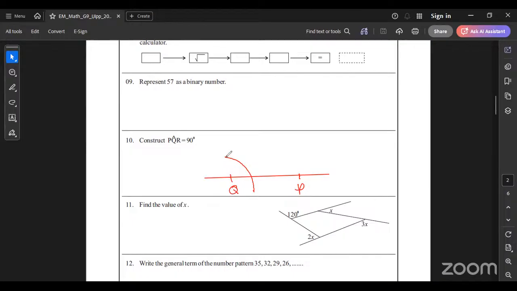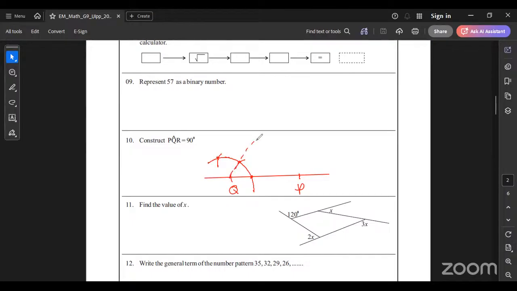First, draw an arc with some measurement, and after that don't change the distance. Put the compass point here and intersect here, 60 degrees. When you again put it here and intersect again here, this is 120.